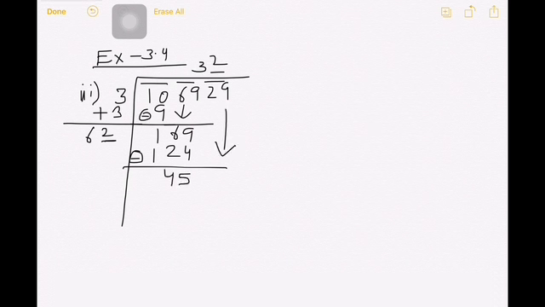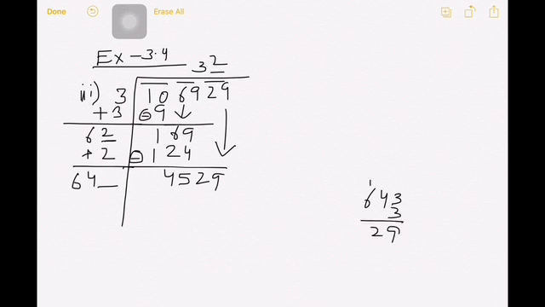The next pair will come down, 29. Add 2 to this, so it will be 64. Now whose square? Again 3 and 7. So 643: 3 threes are 9, 4 threes are 12, 1 here, 6 threes are 18, 19. This we cannot take, so we'll take 7 here and 7 here.